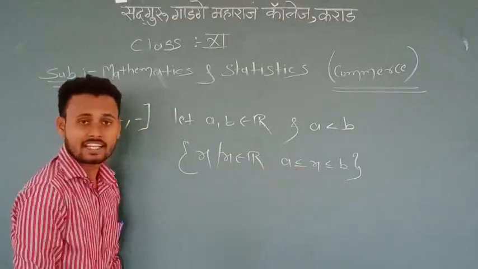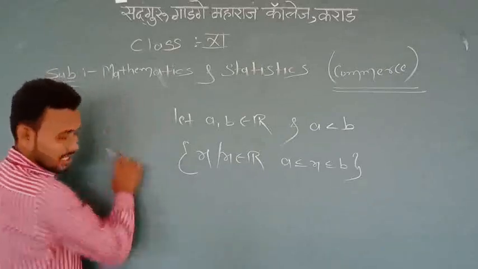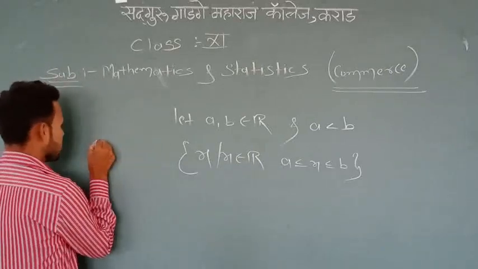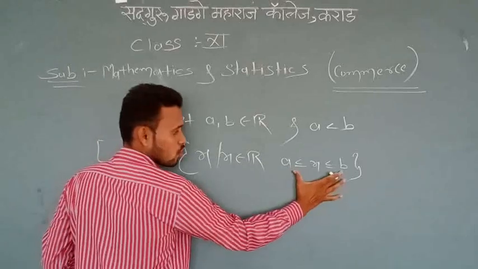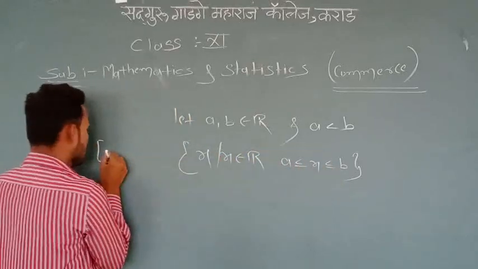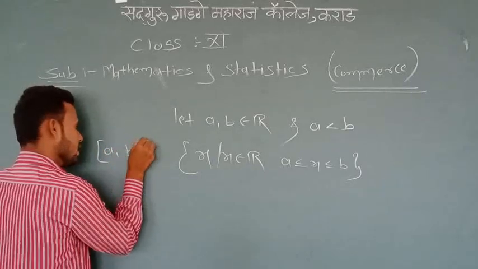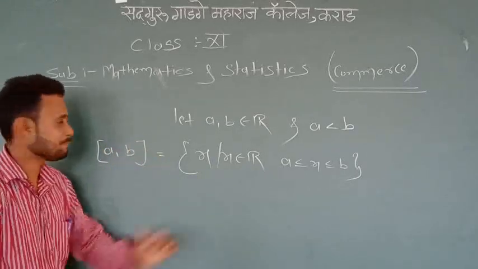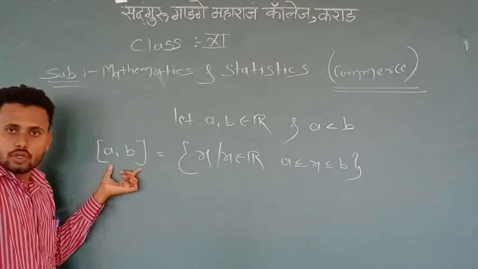Then this set represents the closed interval a b. Why? Because of the less or equal sign, this set represents a closed interval a b.